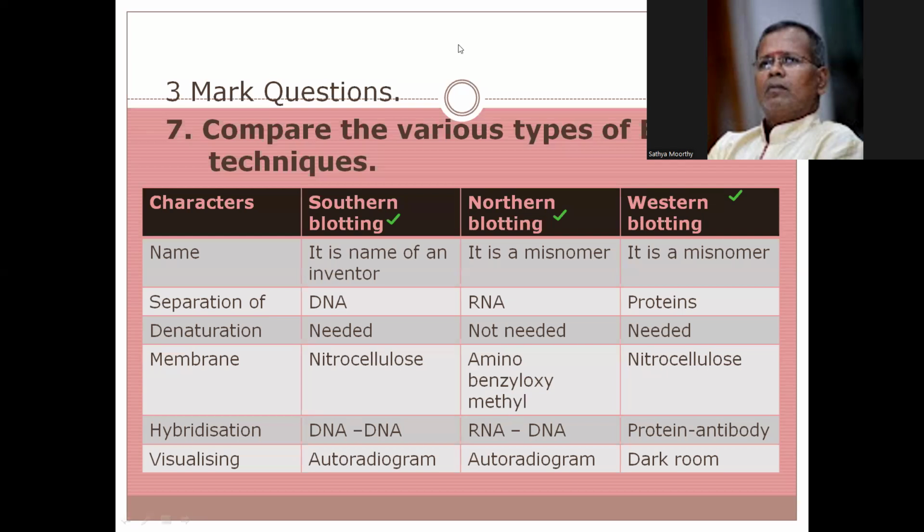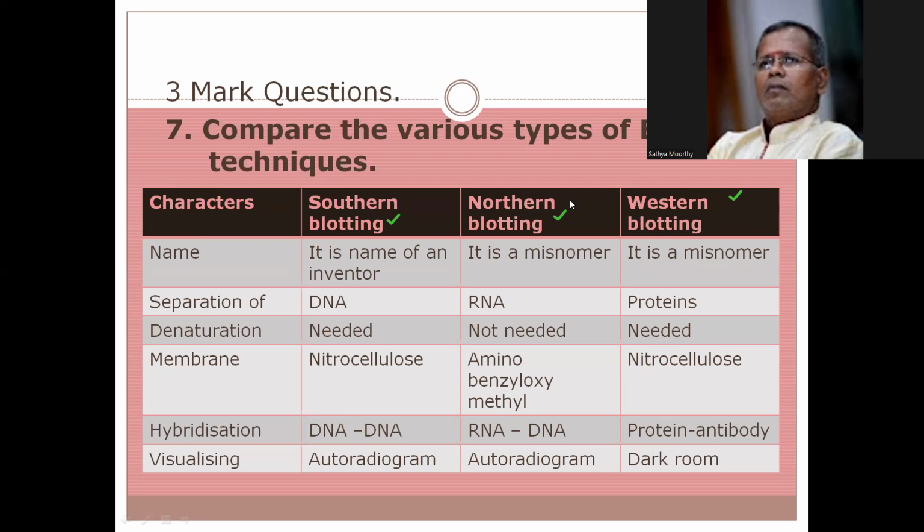Dear students, what is blotting? Blotting is the process of transferring macromolecules like proteins or nucleic acids, DNA or RNA, from a gel to the solid surface of an immobilized membrane to detect the molecules that have been transferred.